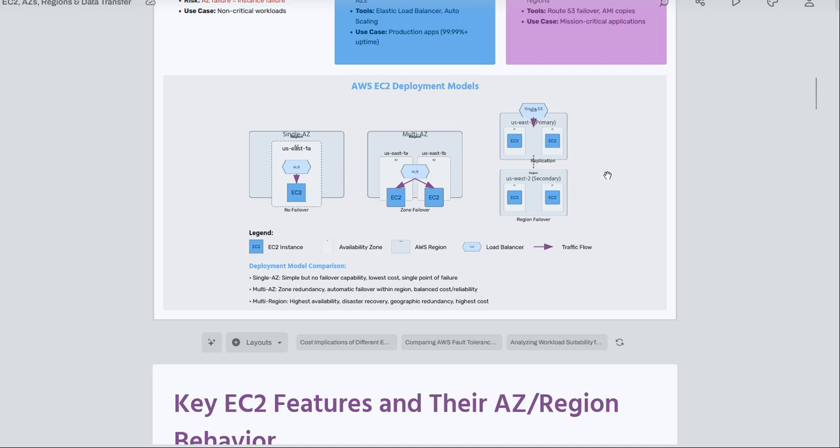A failover covers multi-availability zones within a region, and then a total regional failover covers the primary and secondary regions with replication, and then you use Route 53 to fail over. But consider, whatever the question asks, that multi-region is the highest cost. You can get everything, but at the highest cost.